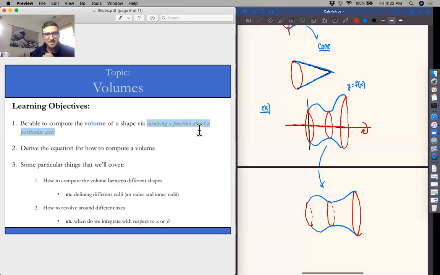Where basically the dotted lines tell us that that's actually inside of the object. So we're wondering what would be the volume of shapes like this. And we're going to talk about these types of things in class today.